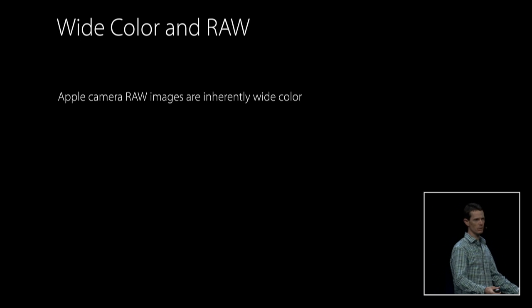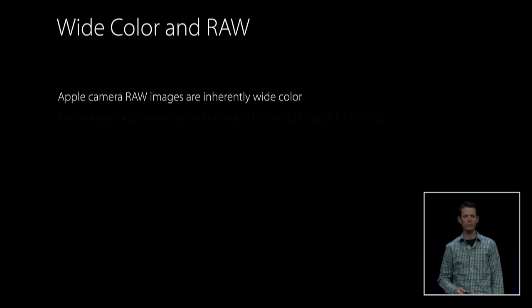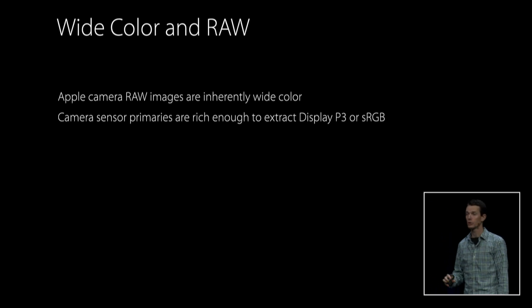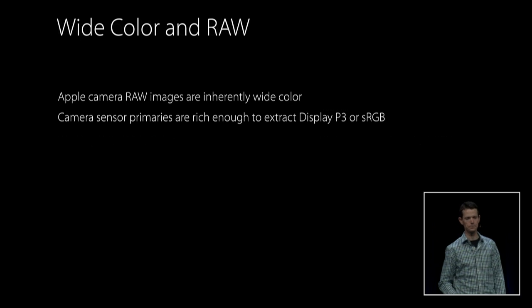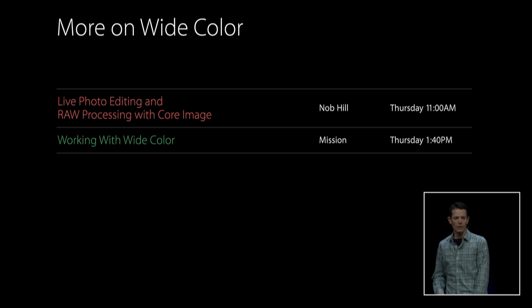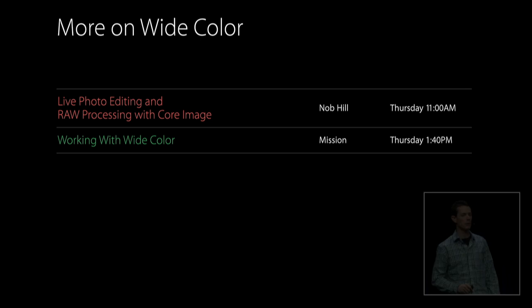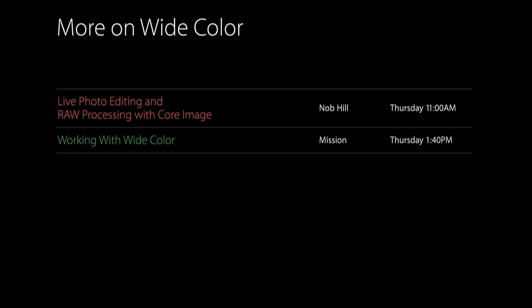You can decide later if you want to render it as wide or sRGB. So shooting RAW and rendering in post, you can produce wide color content on lots of iOS devices, not just iPad Pro. As I just said, you can learn more on wide color in general, not just sharing, but all about wide color. The best session to view is the Working with Wide Color one on Thursday afternoon.